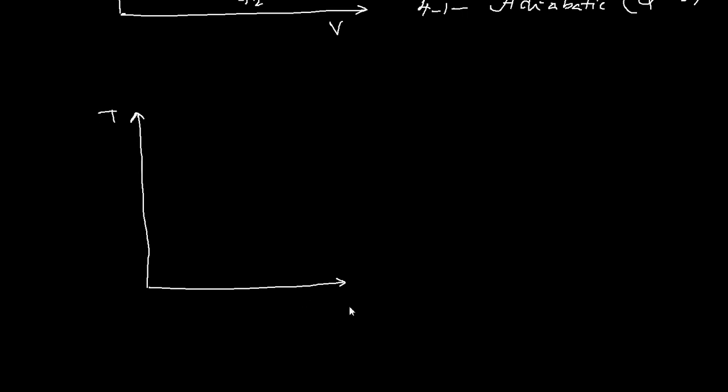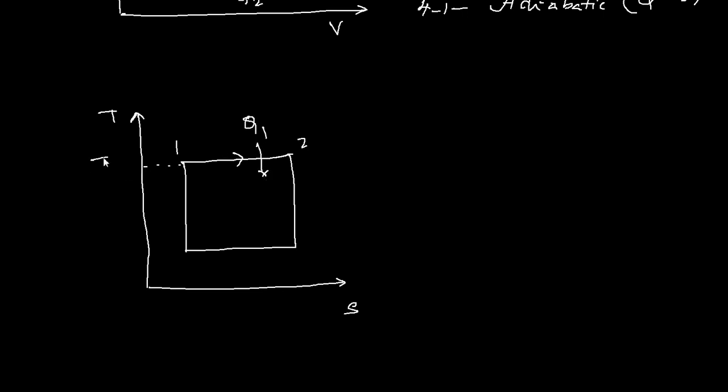On a TS diagram your Carnot cycle will simply be a rectangle, because the heat addition happens at constant temperature, and you can see T1 equal to T2 here, and your work output happens at no heat transfer, therefore your S2 equal to S3, where S is entropy.